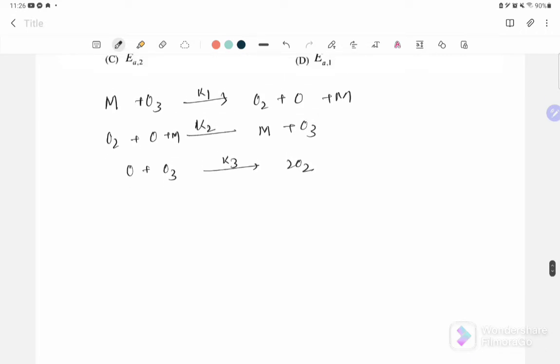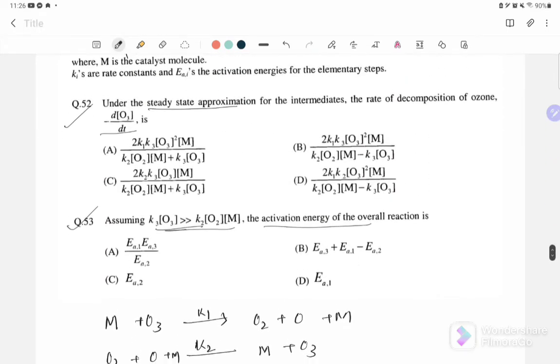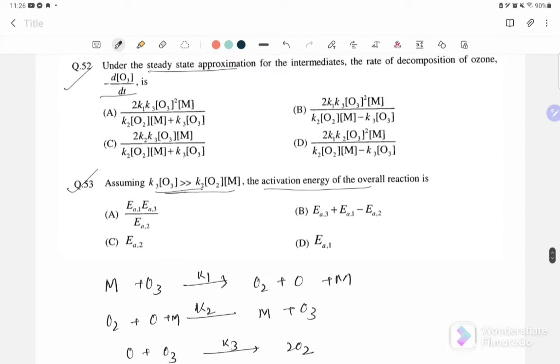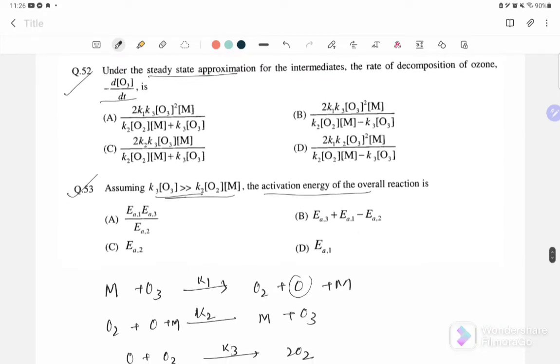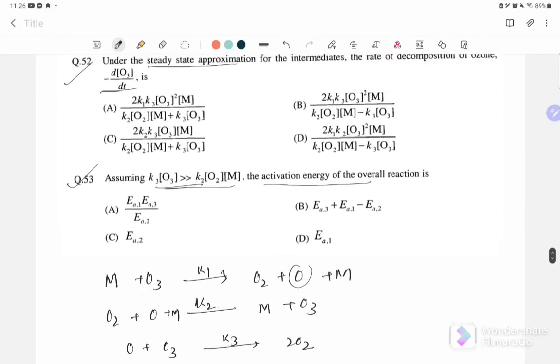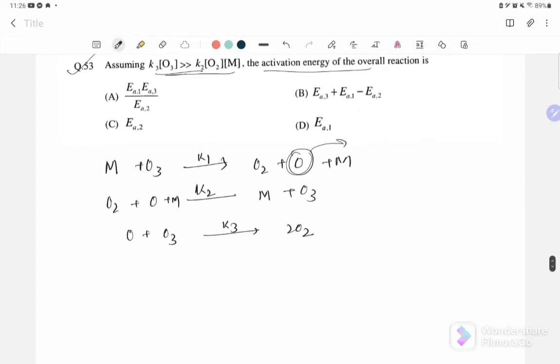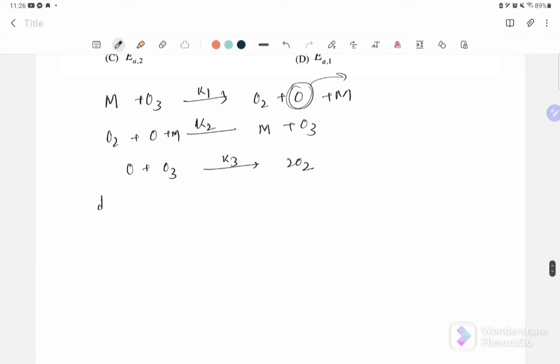You have to follow the steady state approximation. For that you consider the rate of production of the intermediate to be zero, that is d[O]/dt, since O is our intermediate.